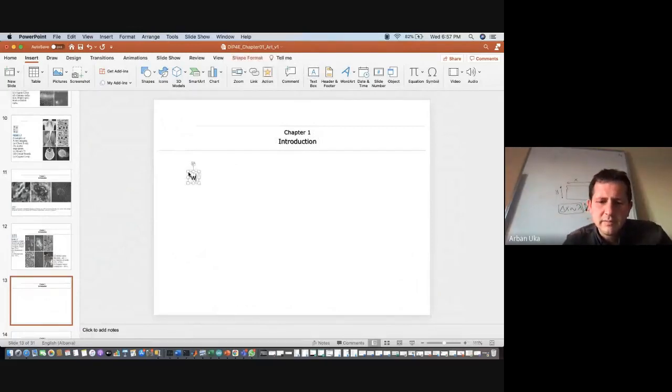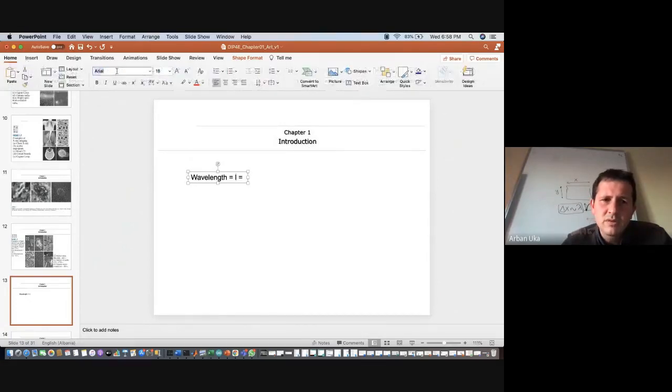So the wavelength, this is a lambda. If lambda is 600 nanometers, this is equal to 6 times 10 to the power 2, and the nanometer is 10 to the power minus 9.